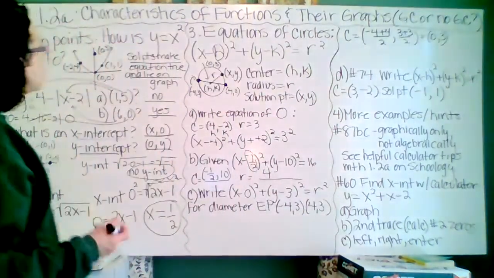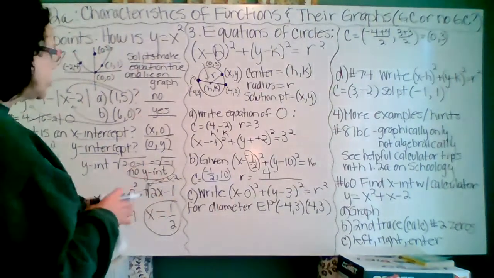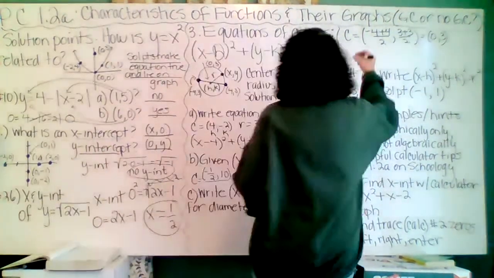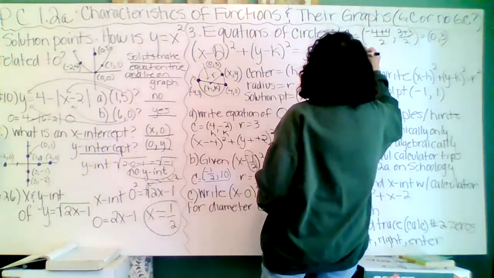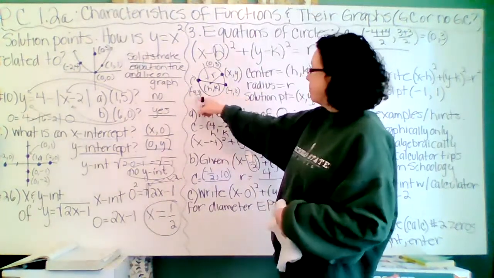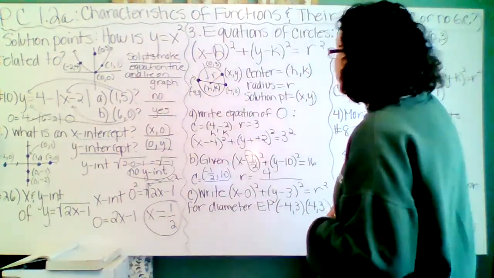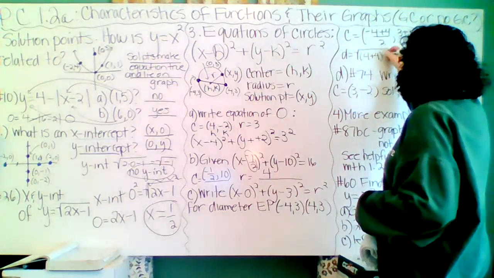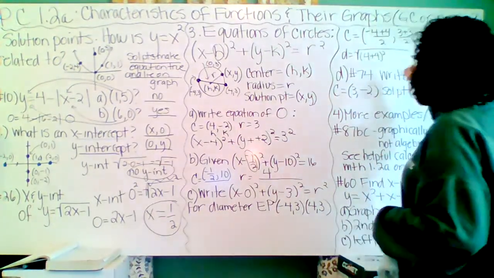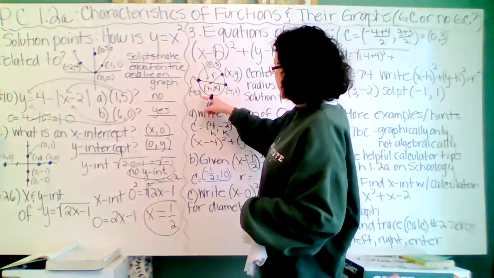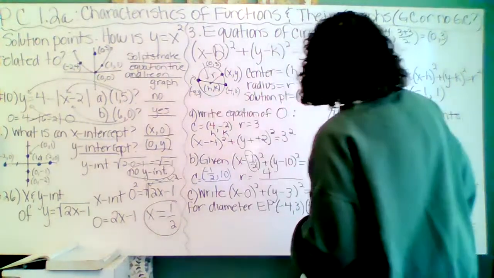All right, so let's take a look here. Let's just use our diameter points, right? So let's find the length of the diameter, right? So 4 minus a negative 4 is 4 plus 4, right? So that's 8 squared, which is 64, plus, and then let's find the difference between the y's. 3 minus 3 is 0.